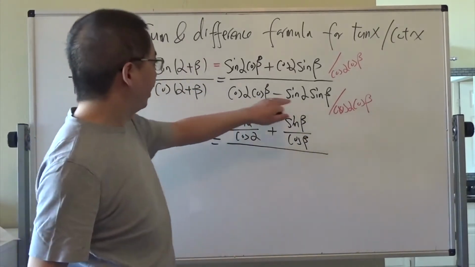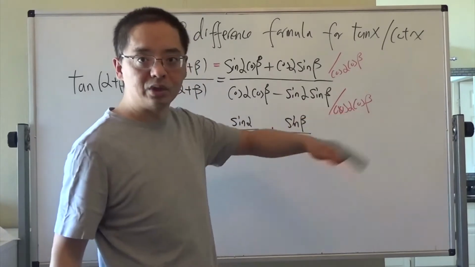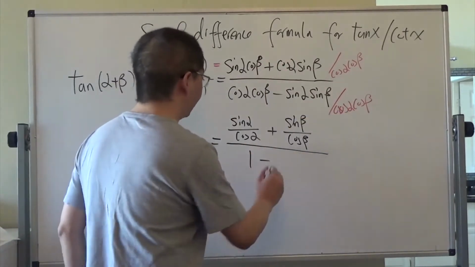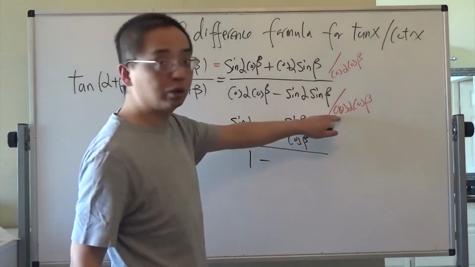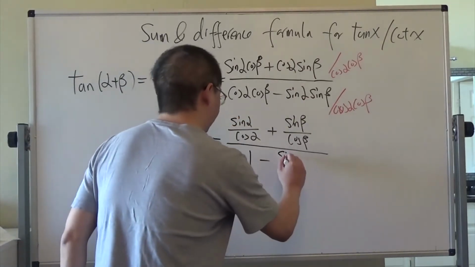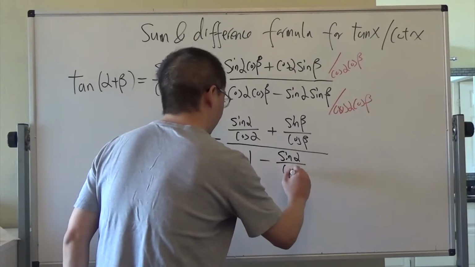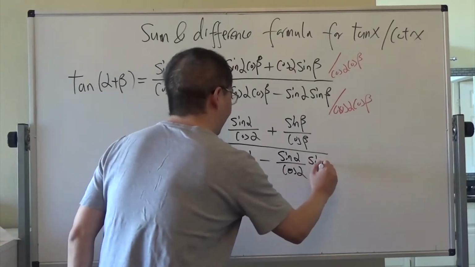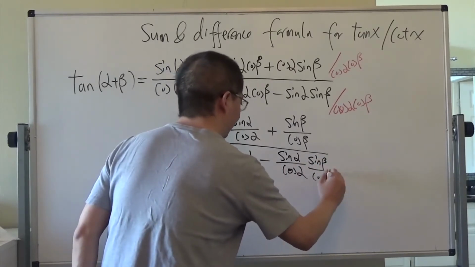Now this one divided by cosine alpha, cosine beta just goes away, it's just 1. And here left is sine alpha, there's nothing to cancel. So sine alpha, sine beta, cosine beta. Okay, we have sine alpha over cosine alpha, sine beta over cosine beta.